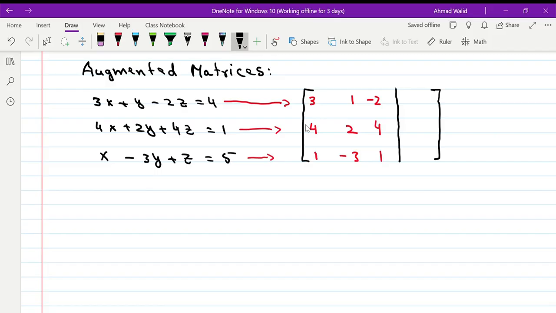Actually, the meaning of this vertical line inside the matrix, which we call a vertical bar, right, or vertical line, is this equal sign here, correct? 3, 1, -2. What is the constant on equation number 1? 4, correct? 4, 2, 4, constant is 1. 1, -3, and 1, the constant is 5. I call this matrix augmented.